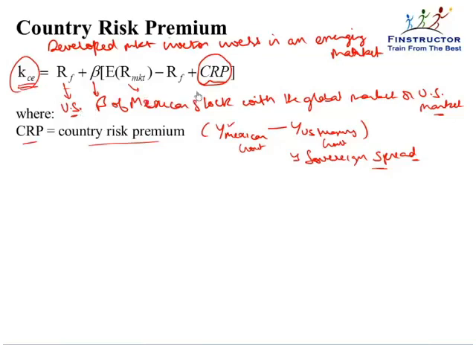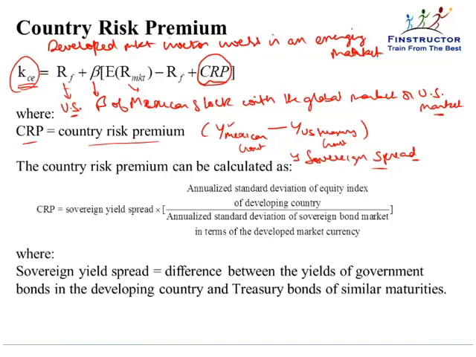So the country risk premium applicable to equities is given as the same sovereign yield spread multiplied by how risky equities are as compared to debt. So this is the additional riskiness of the debt market. We are trying to see the additional riskiness of the equity markets because we are trying to see the cost of equity.